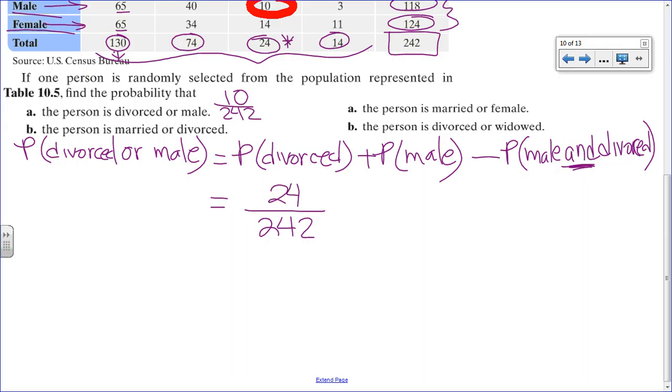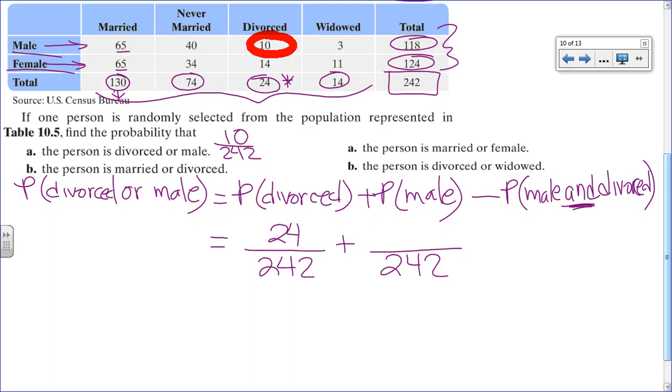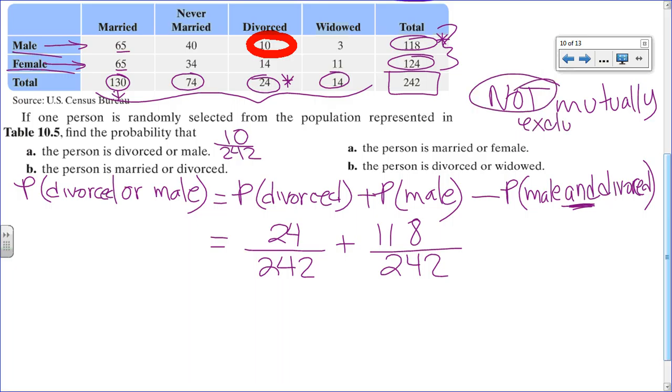I'm looking at this number right here. Now, out of the whole sample space, 242, how many were males? And that will be 118. Now, we know that these two events are not mutually exclusive. That means they could happen at the same time. So, how many do we have that are both divorced and male? And so that will be 10 out of the grand total of 242.